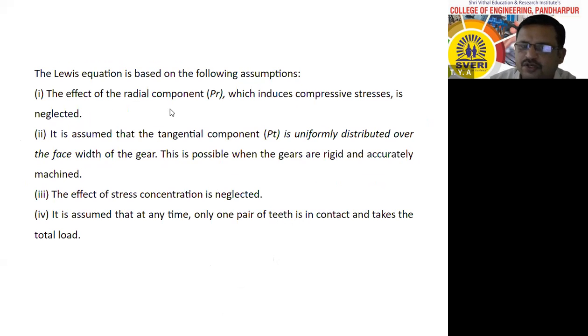First, the effect of radial force, which induces compressive stresses, is neglected. Second, it is assumed that the tangential component PT is uniformly distributed over the entire face width of the gear. Third, the effect of stress concentration is neglected. Fourth, it is assumed that at any time only one pair of teeth is in contact and takes the entire load.